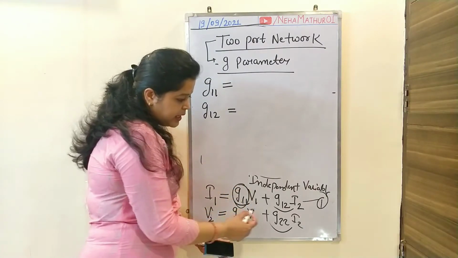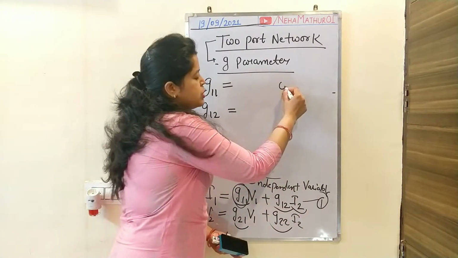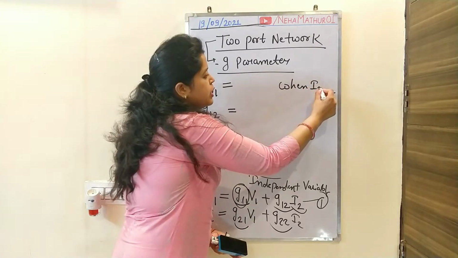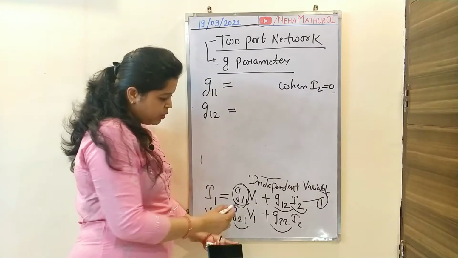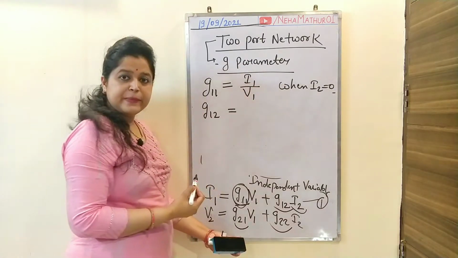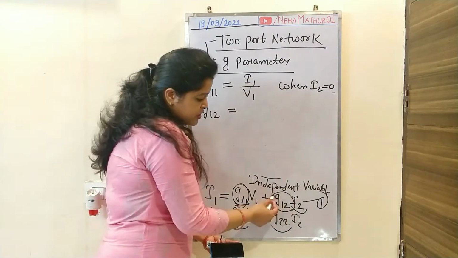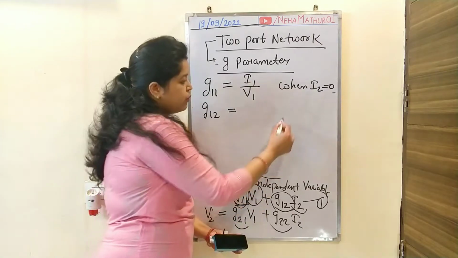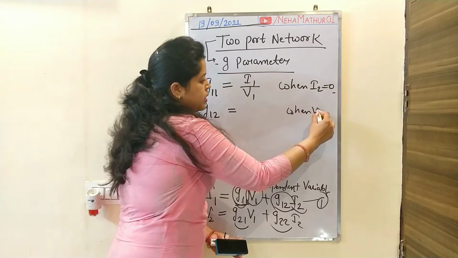G11 can be calculated by putting I2 is equals to 0. So whenever you put I2 is equals to 0, your G11 will be I1 divided by V1. Similarly for the calculation of G12, I will have to take V1 is equals to 0.